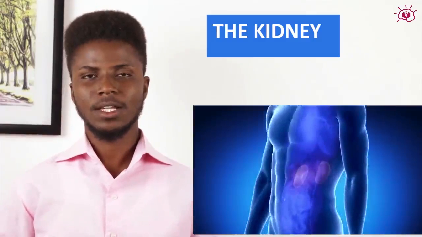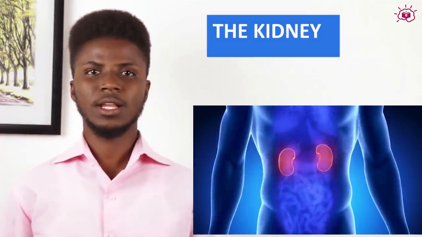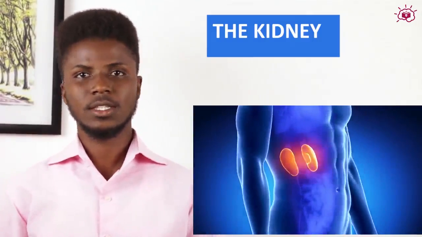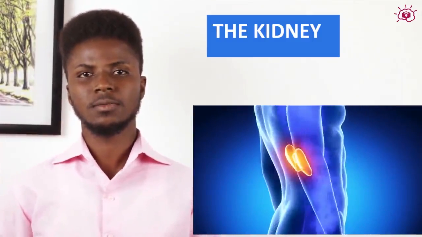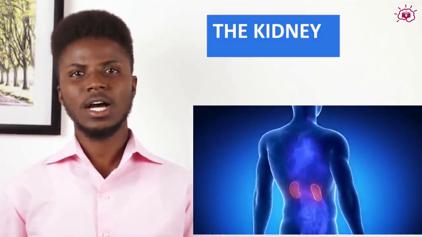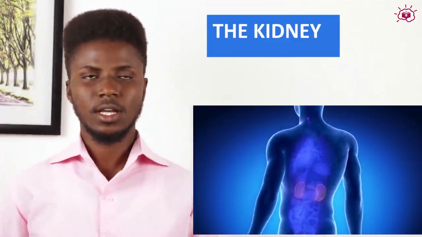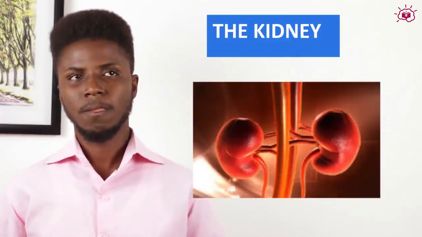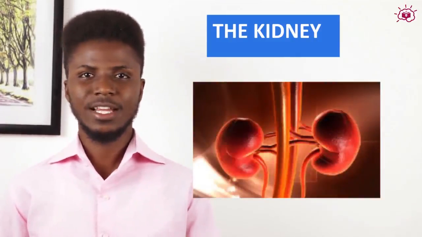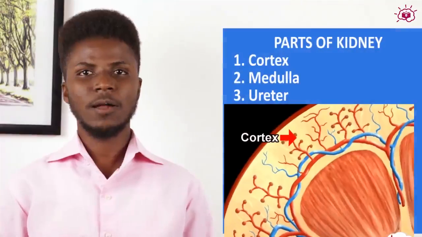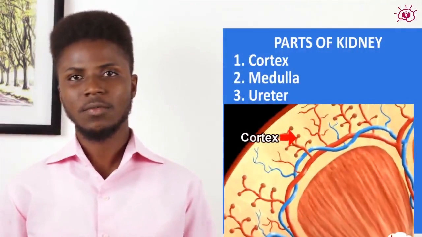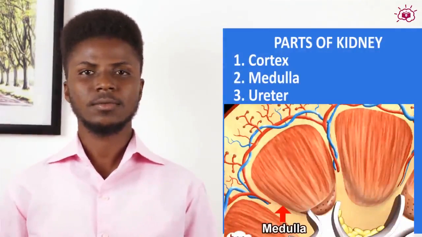The kidney is a bean-shaped organ that helps in maintaining the water balance or the salt balance in an organism. All mammals have a pair of kidneys that work hand in hand to make the burden lesser. The kidney has three major parts: the medulla, the cortex, and the ureter.